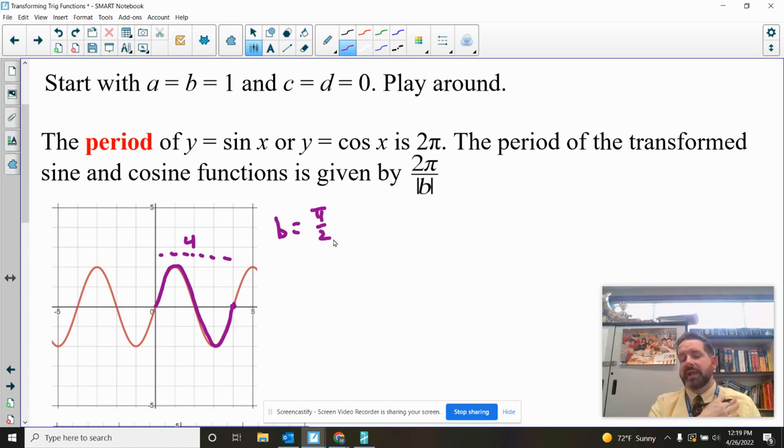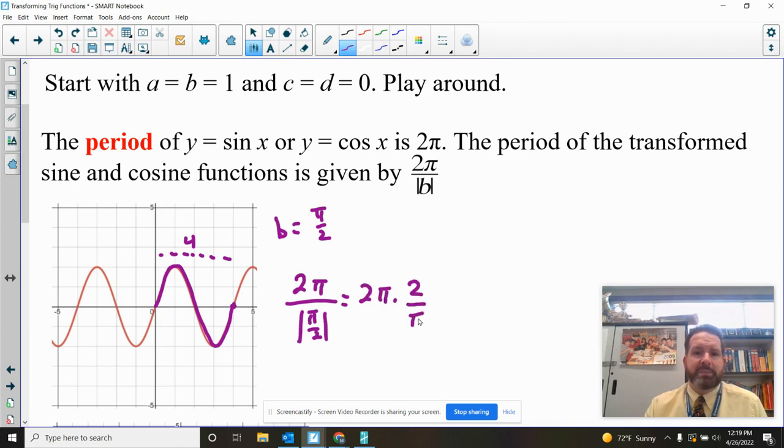Now, rest assured, you're not going to be expected to figure that out yet. That's something you'll focus more on next year. But what that means is this. The period then of this graph is 2 pi divided by absolute value of pi over 2, which is the same as 2 pi times the reciprocal of pi over 2, and you're left with 4. That's how you end up with that period of 4.